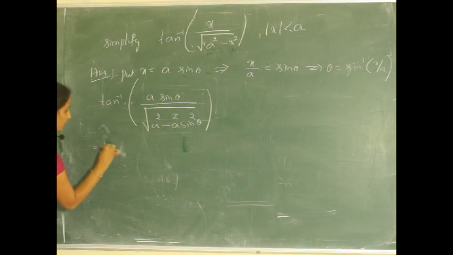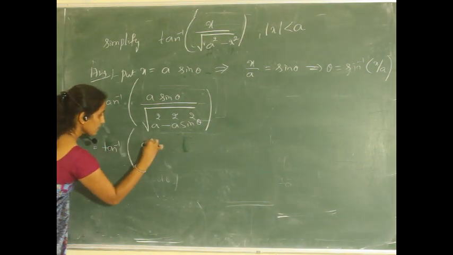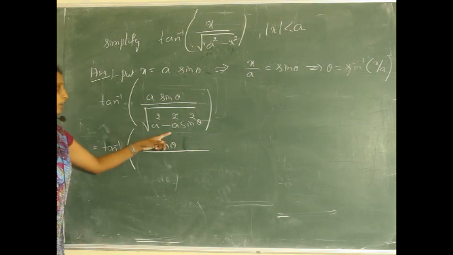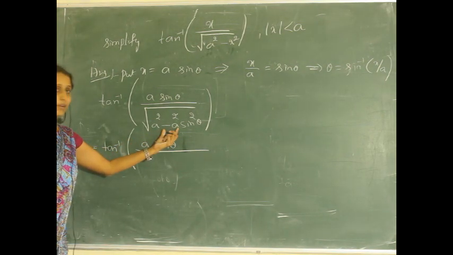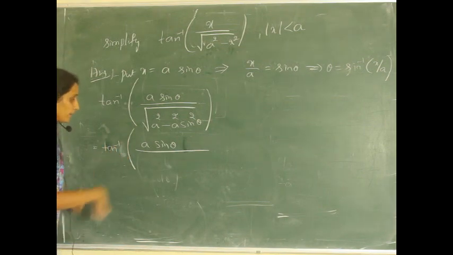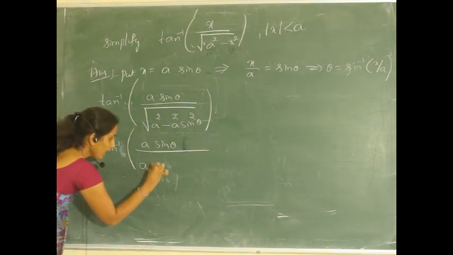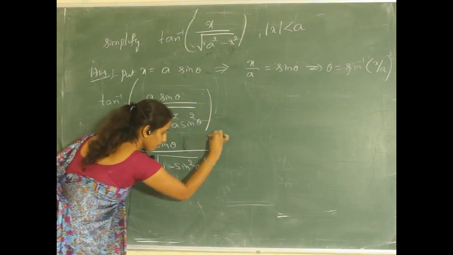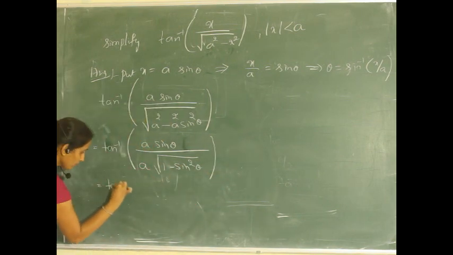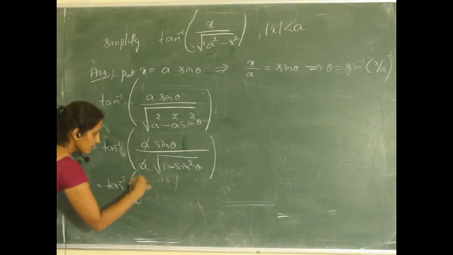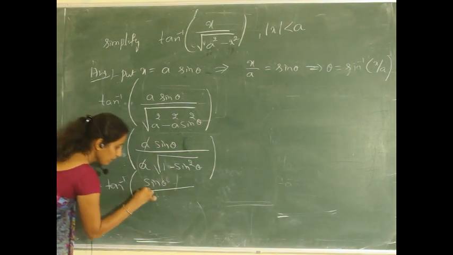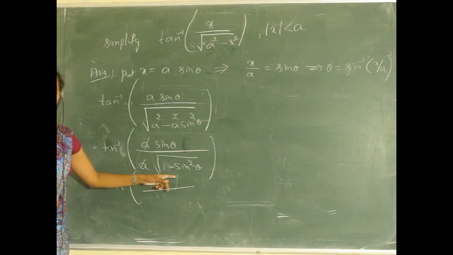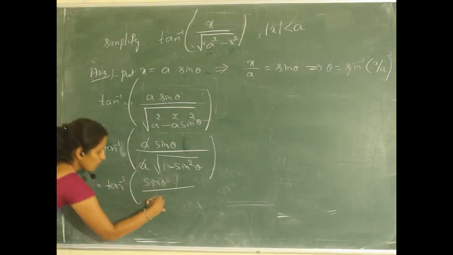So this is equal to tan inverse of a sin theta divided by square root of a square minus a square sin square theta. Here a square is common, we can take it outside, and it becomes only a into square root of 1 minus sin square theta. So a can be cancelled, we get sin theta divided by, again 1 minus sin square theta will be cos square theta, so square root of cos square theta will be cos theta.